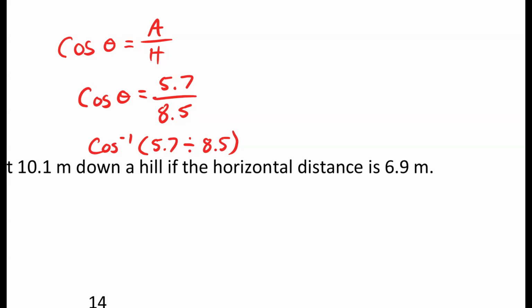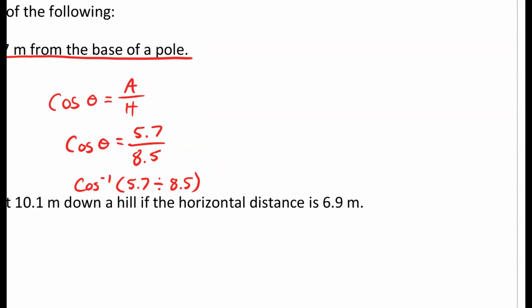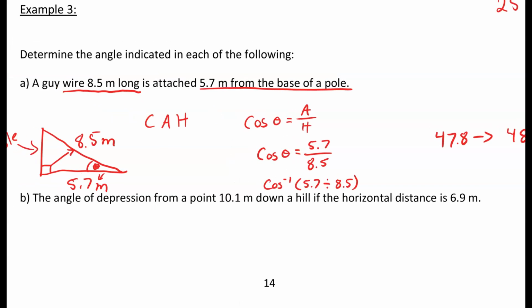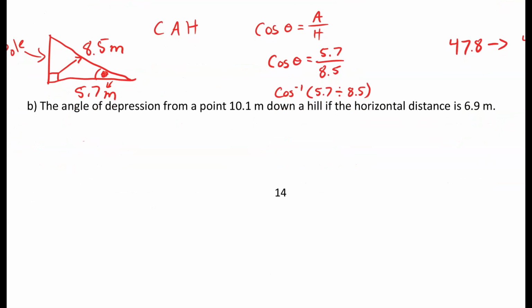So make sure you include those brackets when you're doing it, or do the 5.7 divided by 8.5 beforehand. Then our answer is going to end up equaling 47.8, but we're going to round that to 48 degrees. And don't forget your degrees, because that's your unit for this. So 48 degrees is that angle at the bottom.